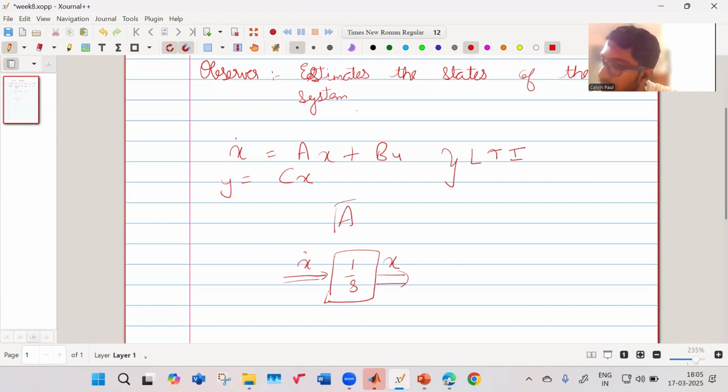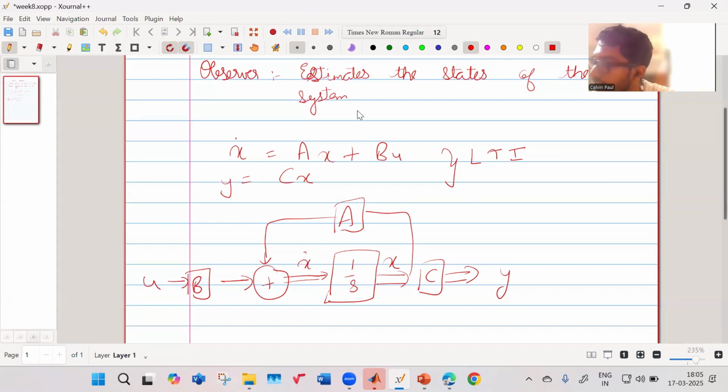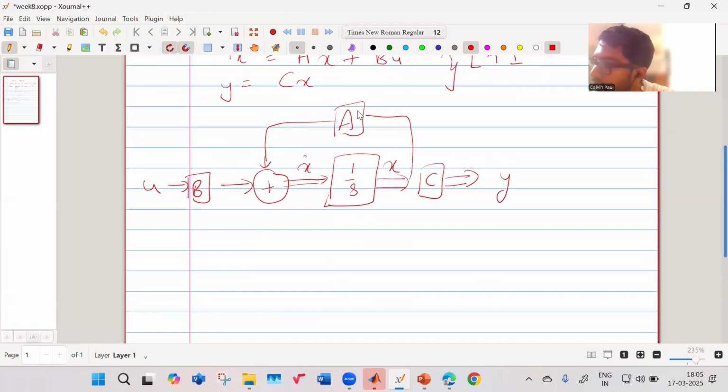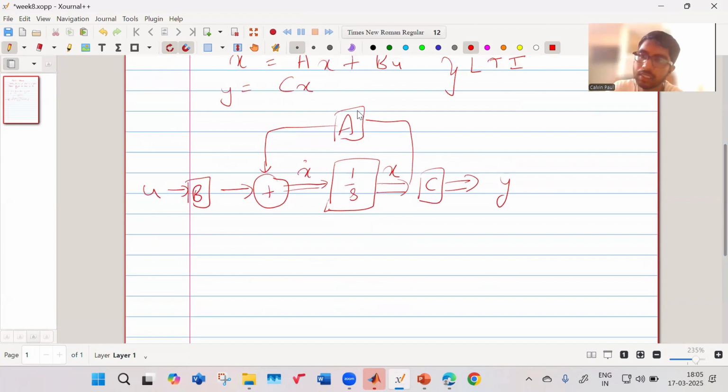And here we have a matrix A, which goes here and comes here. And this is a summer. Over here, we have the matrix B, and this is our input u. And x dot is equal to Ax plus Bu, and our y is equal to Cx. So this is the general block diagram representation of a linear time invariant dynamical system.